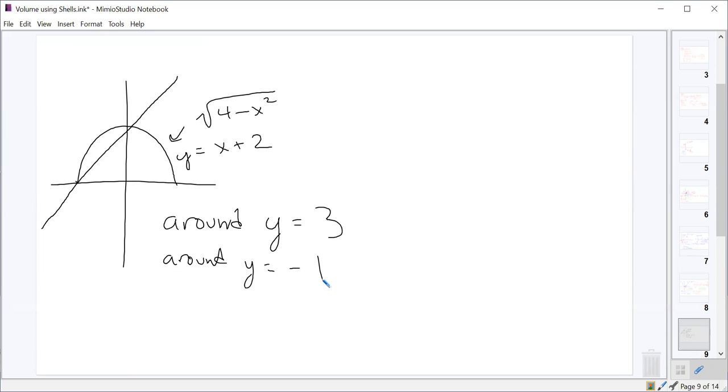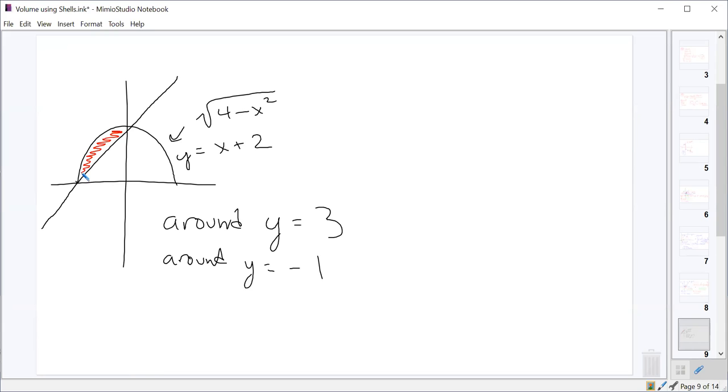So try to set up integrals to represent taking the region between y equals x plus 2 and y equals the square root of 4 minus x squared. I'm talking about this specific region right here, not the other part that's bounded by the x-axis as well, and revolve that around y equals 3 and y equals -1. Set up integrals for that. Actually, don't bother evaluating.